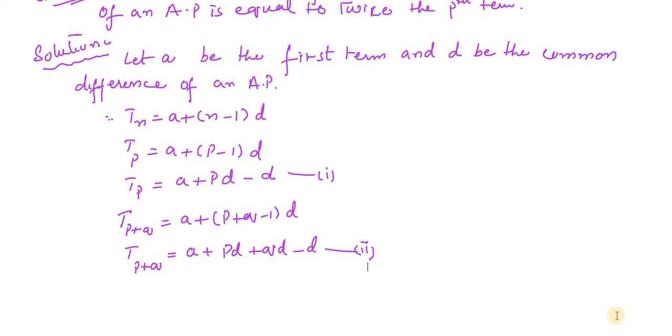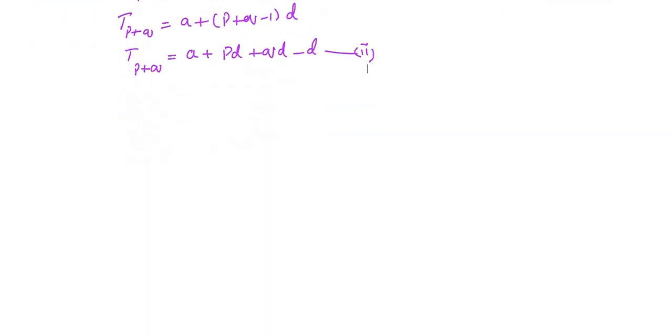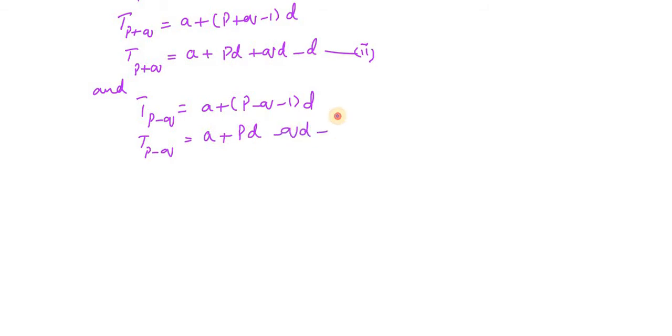And similarly we find the (p minus q)th term, and the (p minus q)th term is A plus (p minus q minus 1) D. This will be A plus pD minus qD minus D. This we say equation number 3.